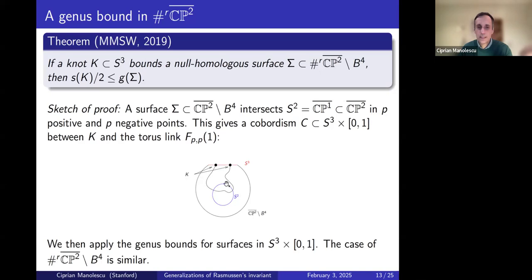In fact, it's 2p copies of the Hopf fibration, which is exactly the link that I showed you on the previous slide. So from a cobordism in CP2 bar, you get an ordinary cobordism in the cylinder, and you get some inequalities between the S invariant here and the S invariant of this link. Since we computed the S invariant of this link, this gives us this genus bound. Okay, so this was an application to surfaces in other four manifolds.